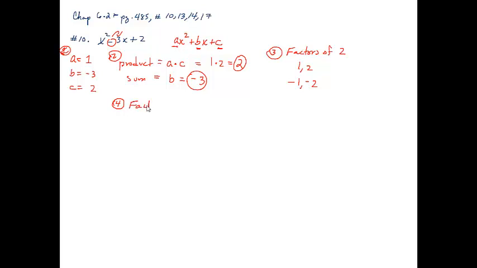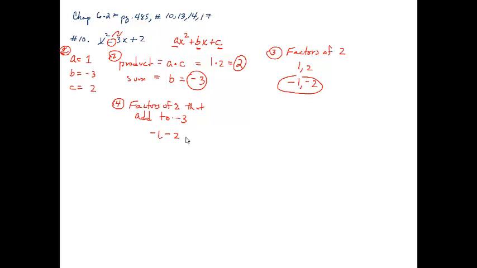And then the fourth step says, what are the factors of 2 that add to negative 3? It would be negative 1 and negative 2.